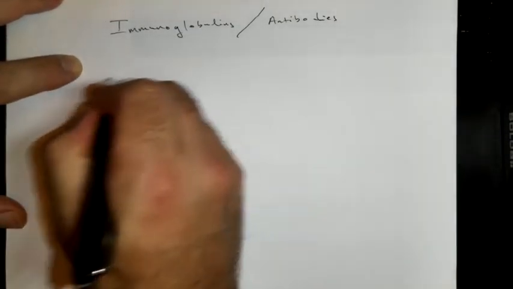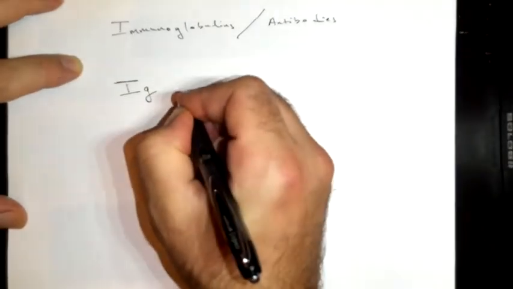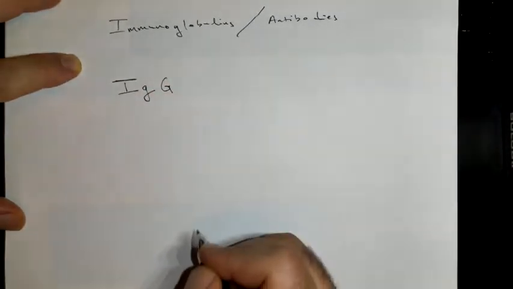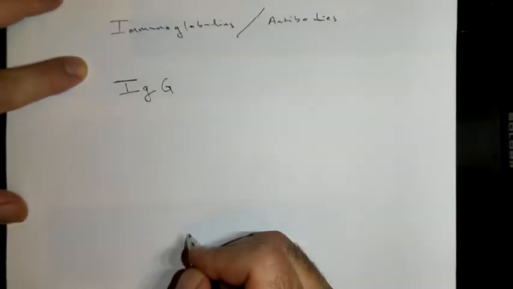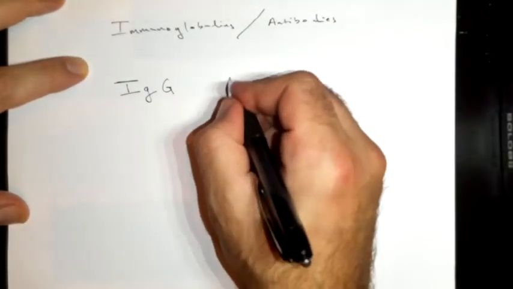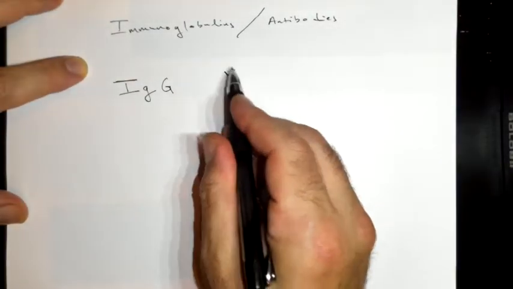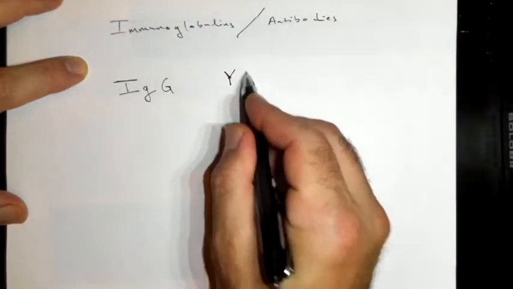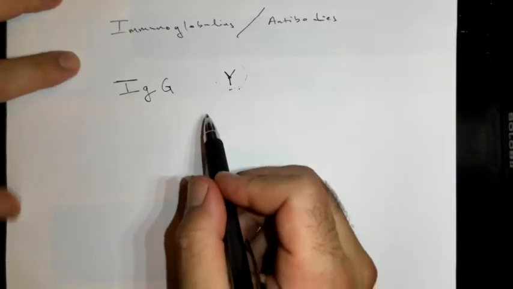And what we call them is IgG. So we've got IgGs as one type, and that's the type that is that Y shape that we just drew, which is the most famous depiction of antibodies, and that's the one you're typically going to see in most pictures.